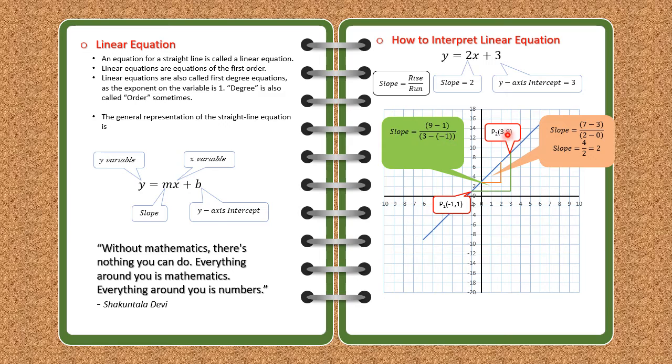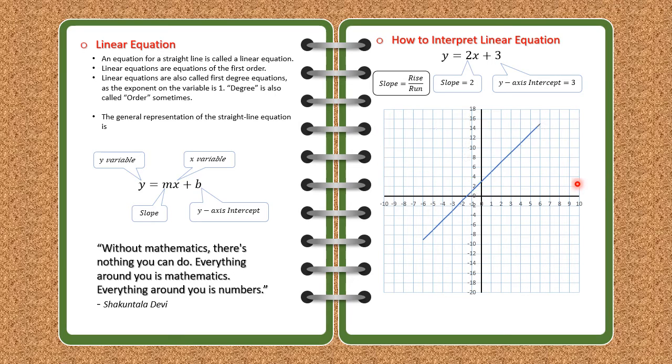The rise here is 9 minus 1, divided by 3 minus -1, and the answer is also 2. Now we conclude any random 2 points on this straight line will give you the same slope.